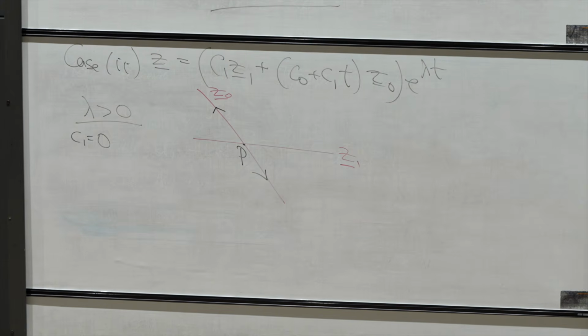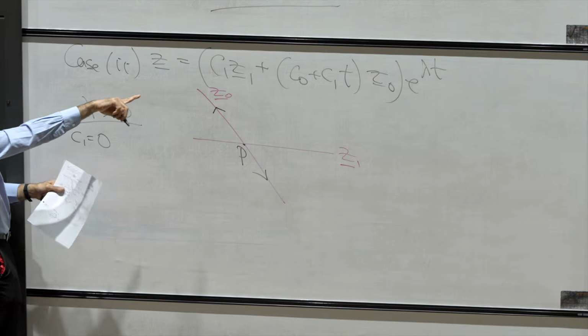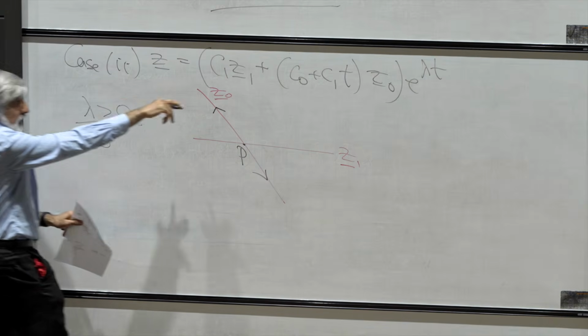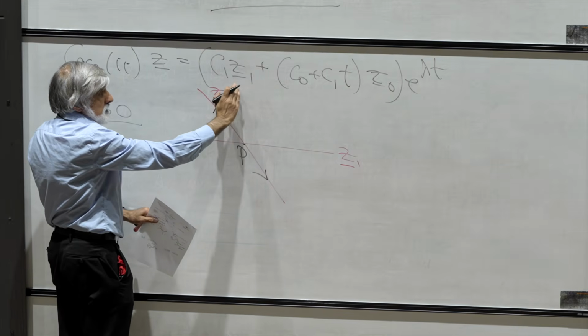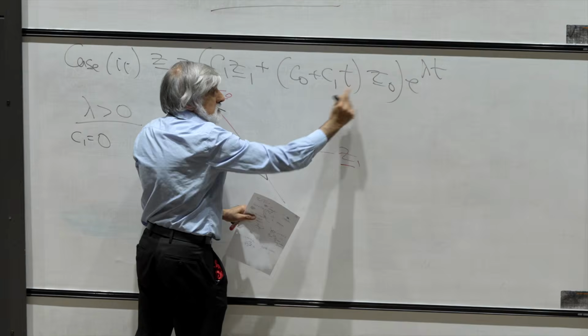Because Z1 was something such that m minus lambda times Z1 was not equal to 0. And so you can see now, if I put C0 equal to 0, so that I get Z1, I automatically get Z0.